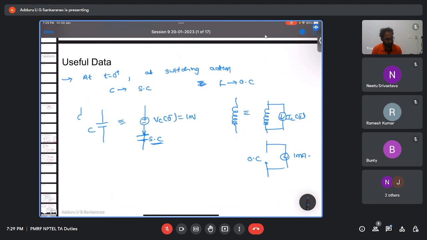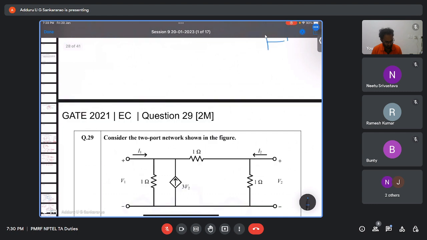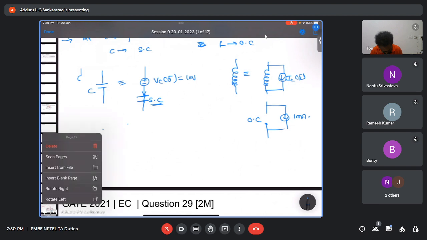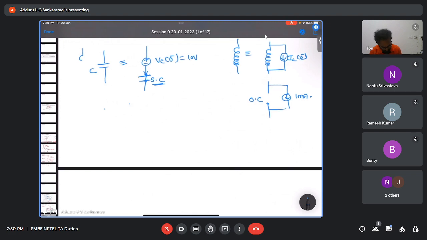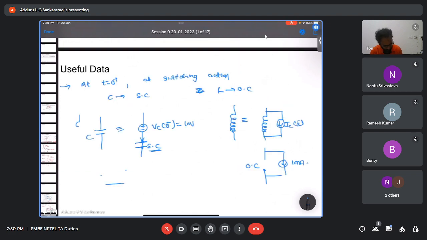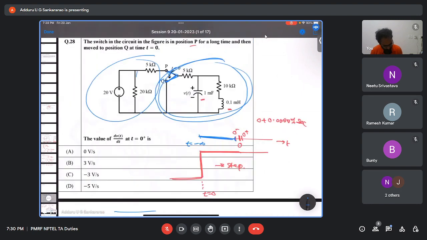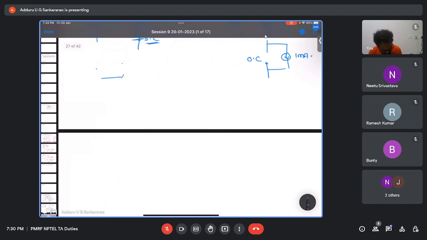Now with these equivalents, if I replace in this part, what I'll get, I'll see here. Now this is connected to the 5 kilo ohm.